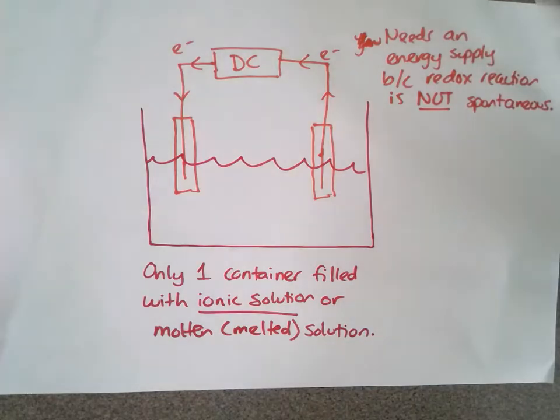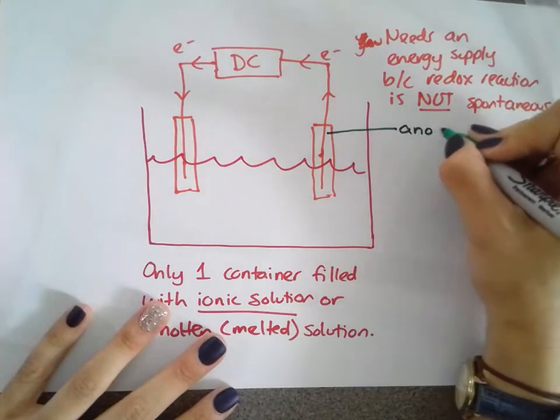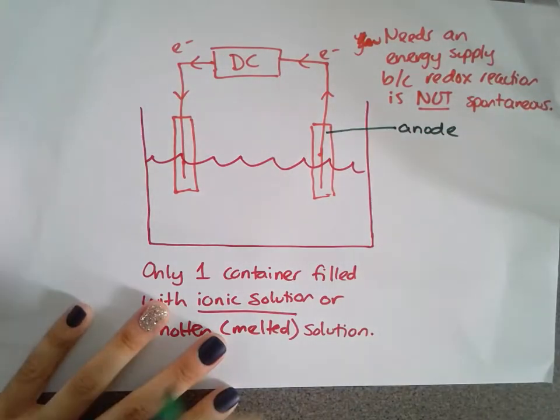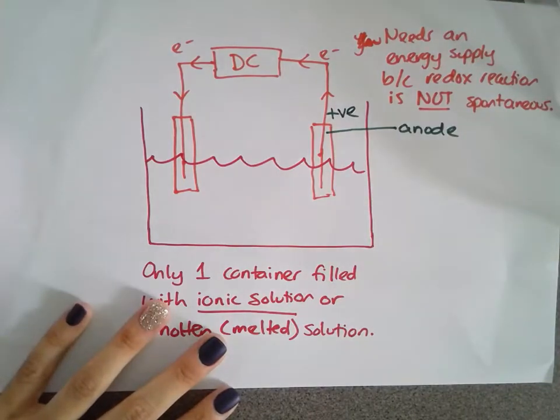Third thing that I then need to be aware of is my anode and my cathode. This over here is my anode. My anode has a positive charge when it comes to an electrolytic cell. The reason why I'm emphasizing this is because in the galvanic cell, these charges flip around to the other order. So just be mindful.